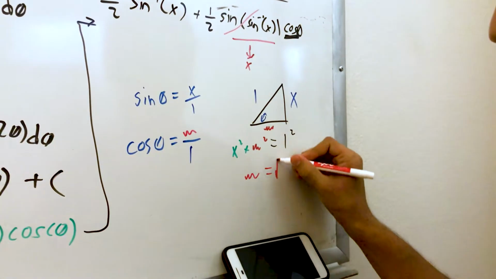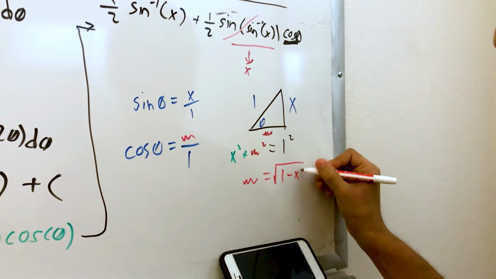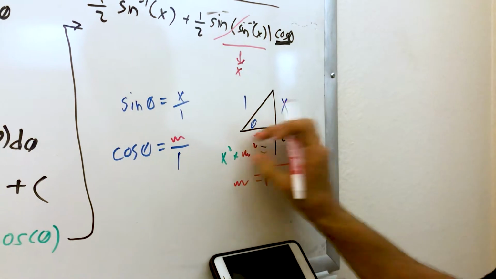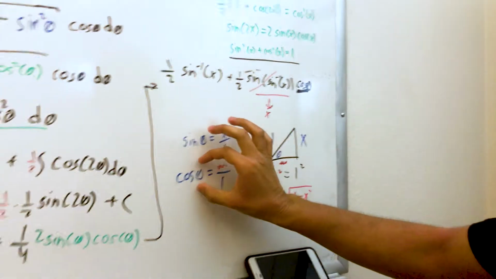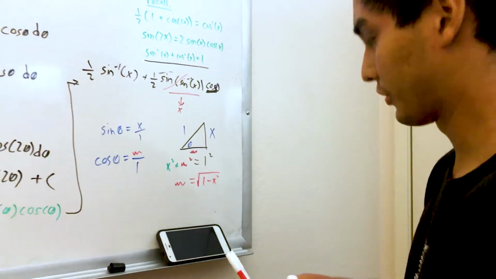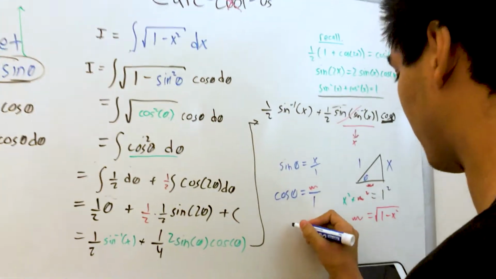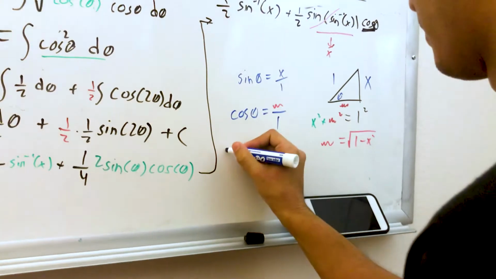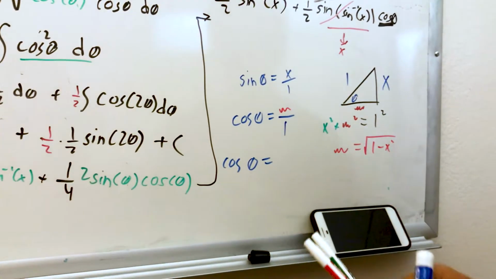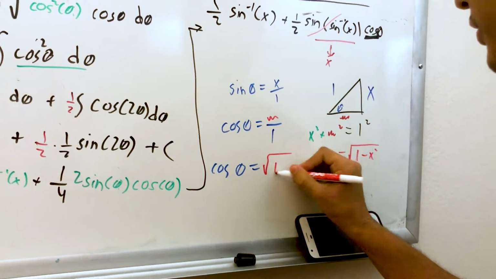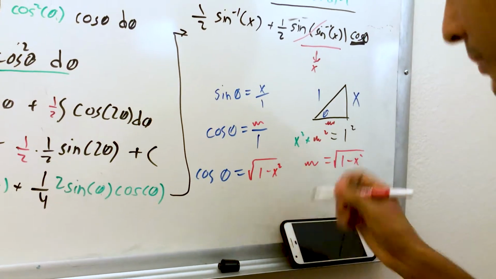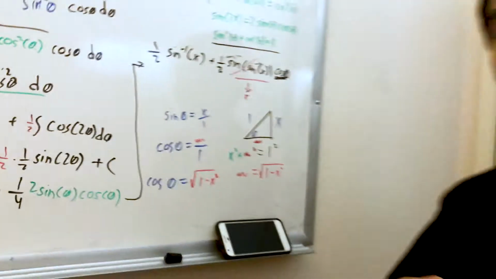And that something is going to be 1 minus x squared, right? I'm just simply solving for that something. And lo and behold, we solved for theta as a function of x. So cosine of theta is actually going to be simply the square root of 1 minus x squared. Wow, isn't that pretty cool?